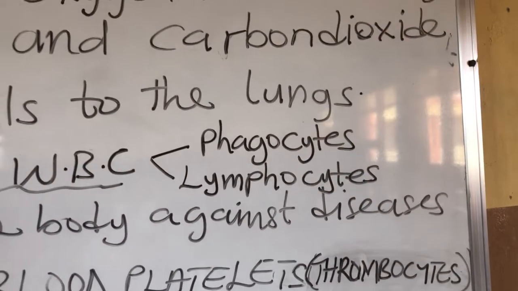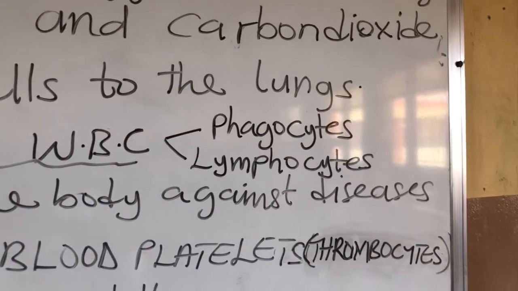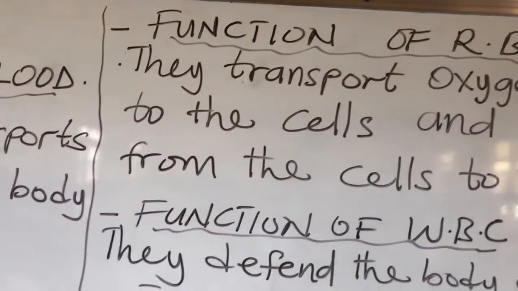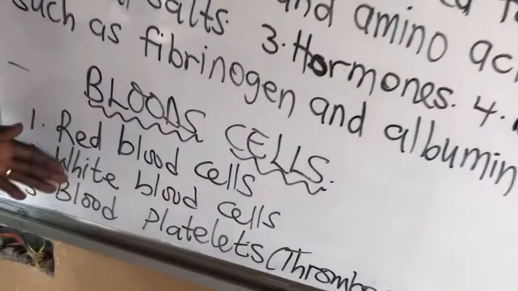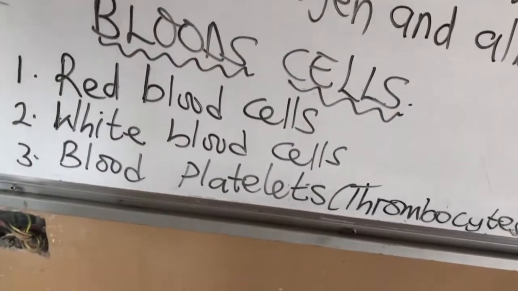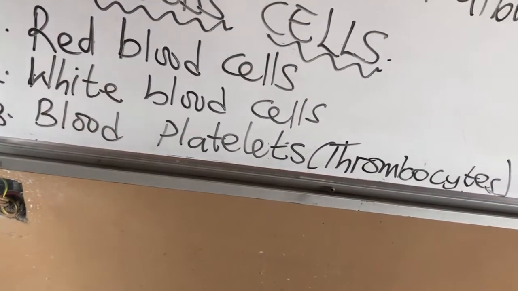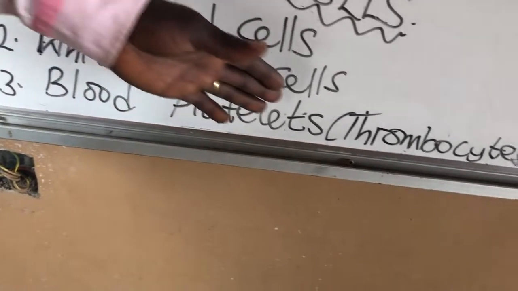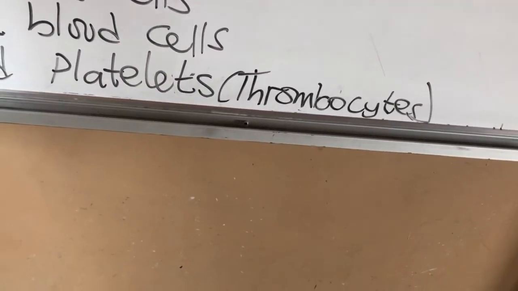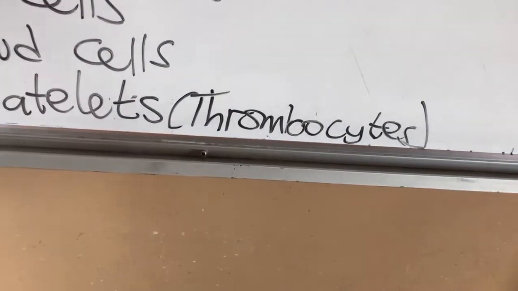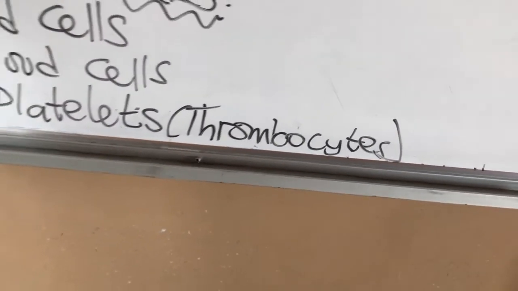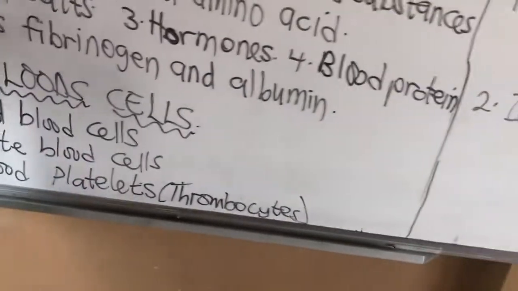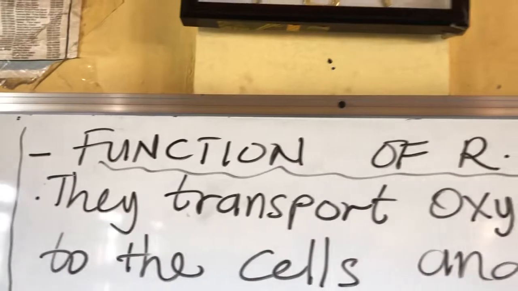The other type of blood cells is the blood platelets, which are also called the thrombocytes. Now let's look at the functions of these types of blood cells.